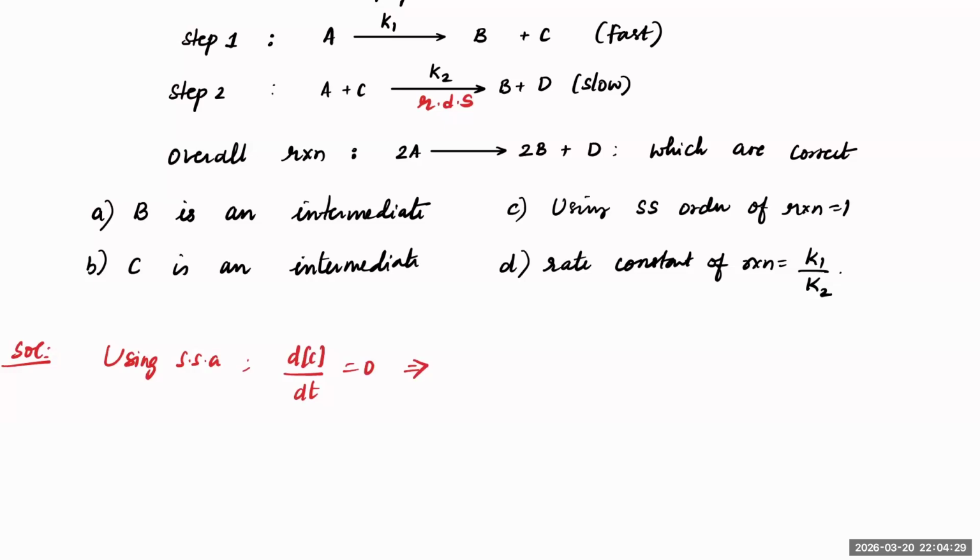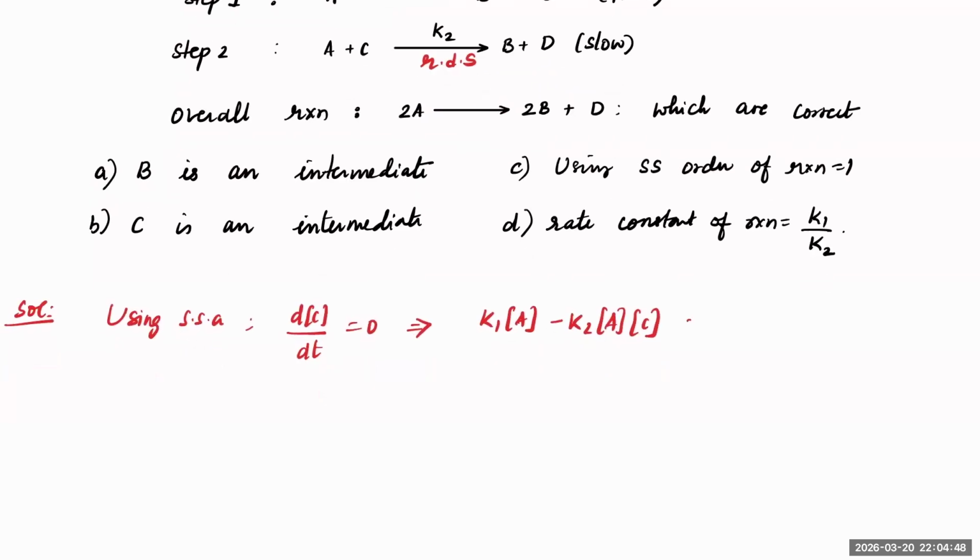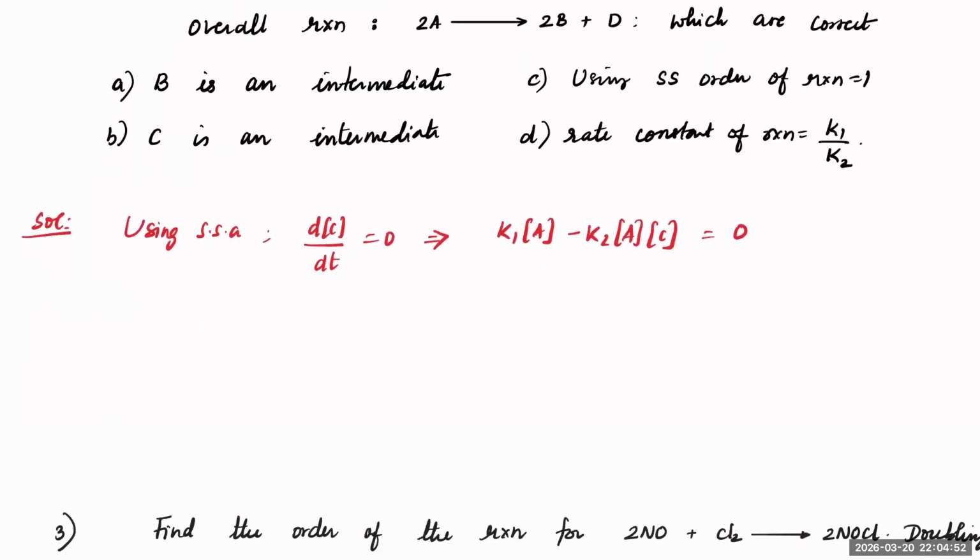So hence I can say K1 into A, which is the formation in the forward direction, minus K2 into A into C, which is the loss of rate in the forward direction in the second equation, correct? So that should be the net rate of change of C. From here, you can see that A will get cancelled. So the concentration of C will be simply K1 by K2.